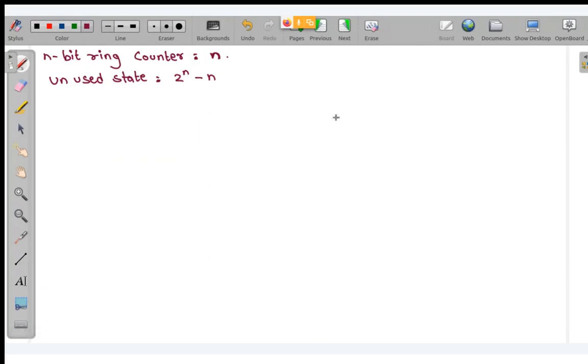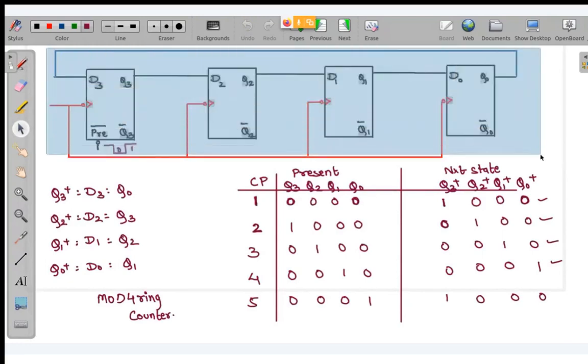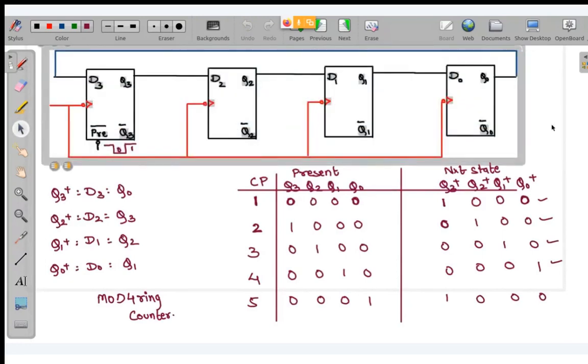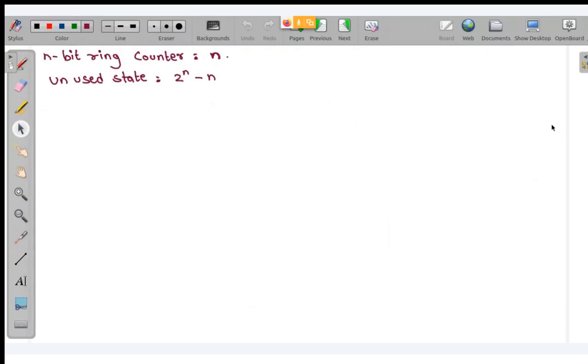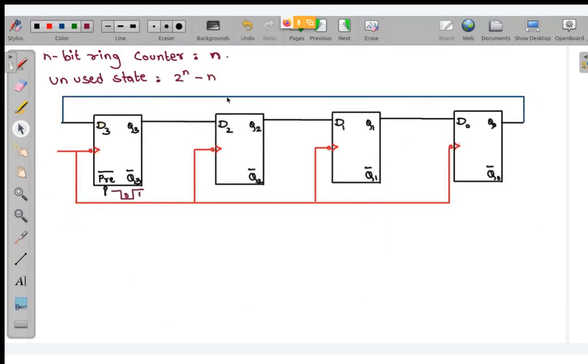Now suppose, for the same counter, let me even copy this. Suppose this time we don't have this preset input.